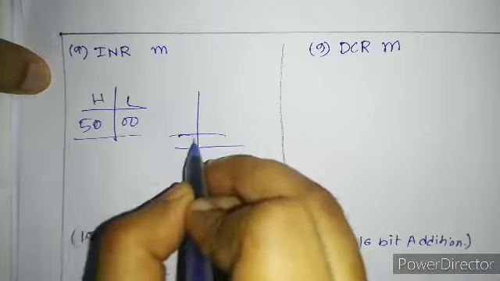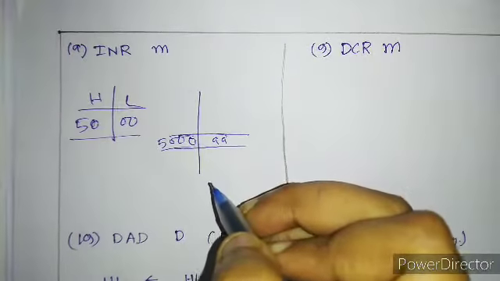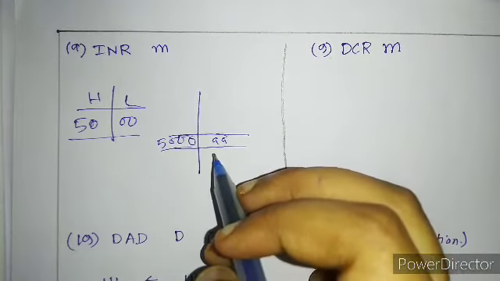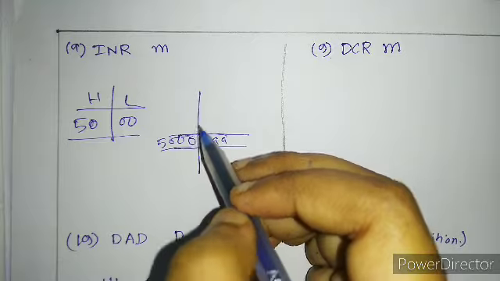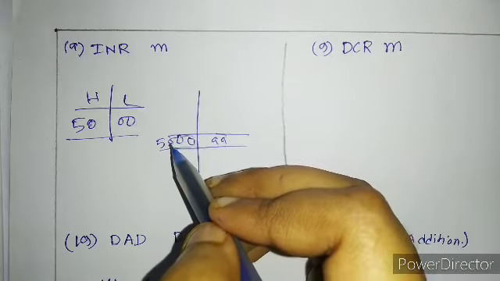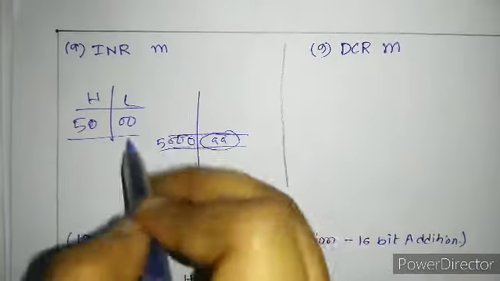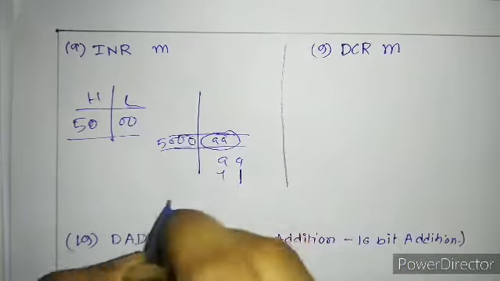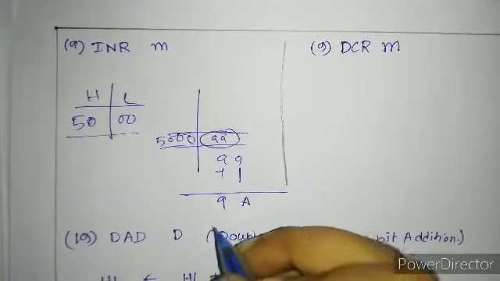In memory location 5000, there will be a data, probably 99. When we do INR M, what should be your answer? Is it that we have to increment the address? No, we have to increment the data stored in that address. So after INR M, the result will be 99 plus 1. 9 plus 1 is 10, A, and as it is 9.